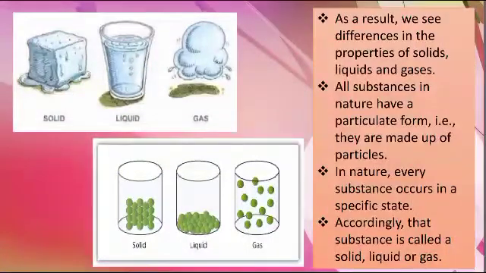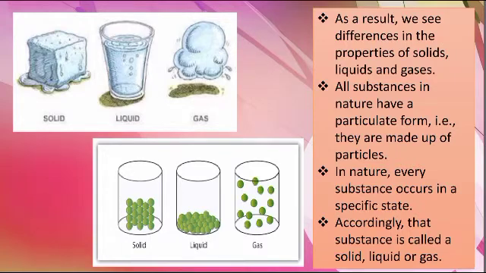As a result, we see differences in the properties of solids, liquids, and gases. Now, what are the properties by which we can differentiate that this is a solid, this is a liquid, and this is a gas? We have seen different examples for solid, liquid, and gaseous. Solid has a definite shape and size. Liquid changes its shape as per the container. Take an example of water: if you put water in a glass, it takes the shape of the glass.